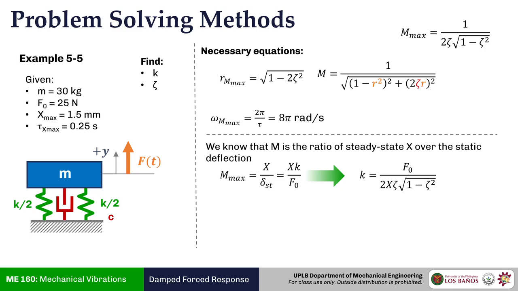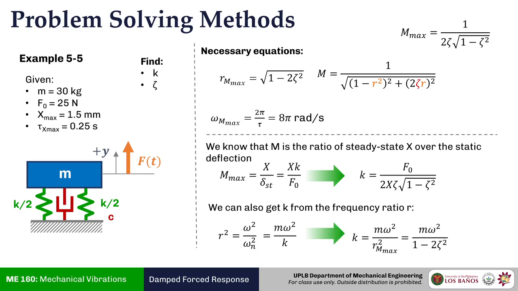Ngayon, there is an alternative. We can also get K from the frequency ratio R para mas madali. So yes, ang cool no? So we have two equations here actually. We have two equations.